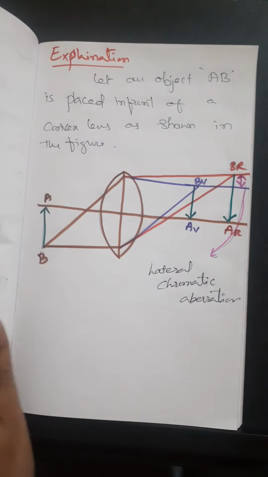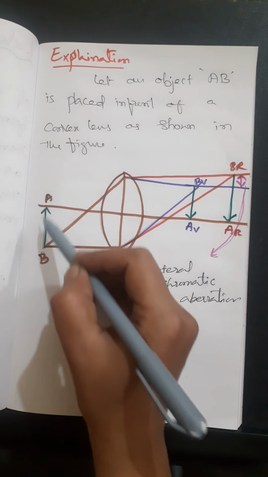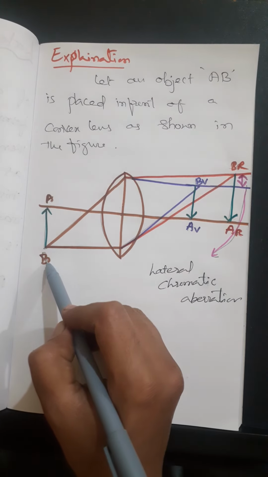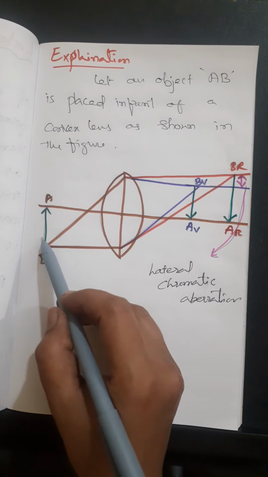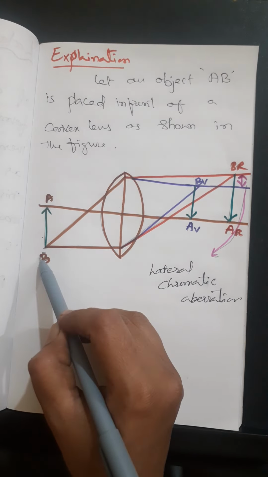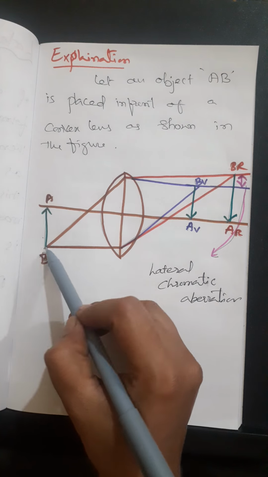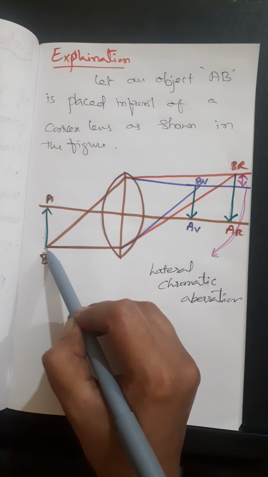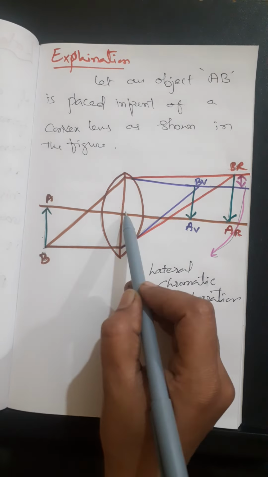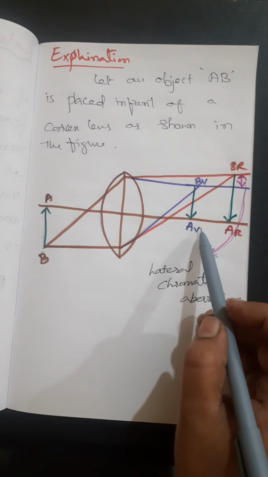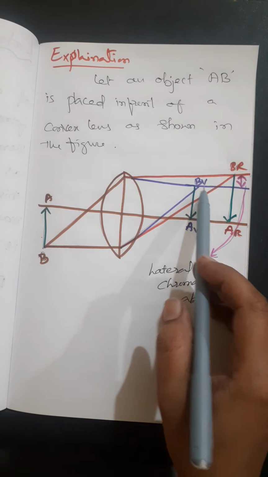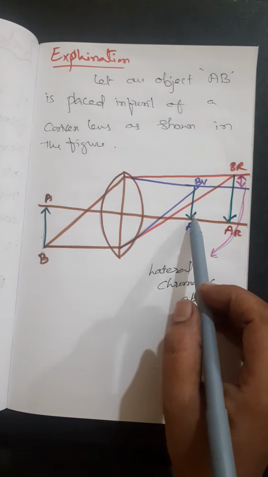Just like I will show you here. AB is the object, particularly a white object, and when the light rays pass through this object AB through the convex lens, the image formed by the lens will have different sizes.